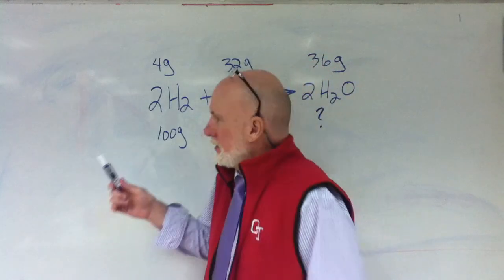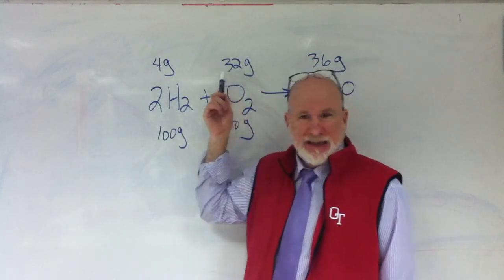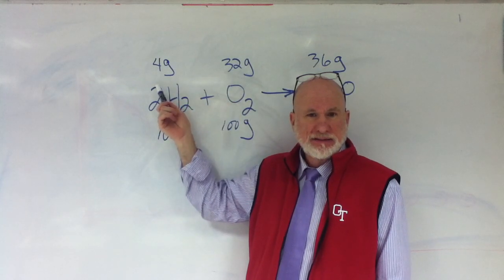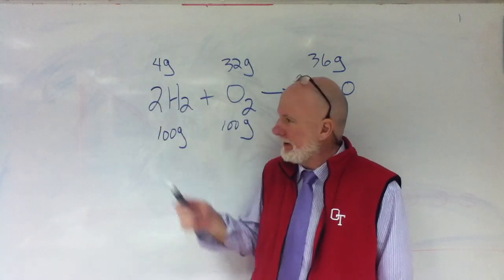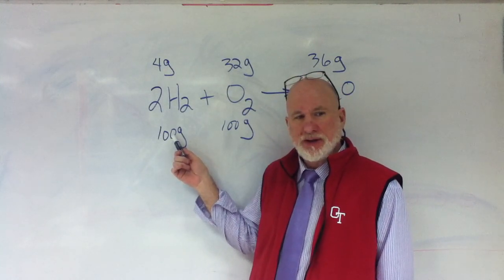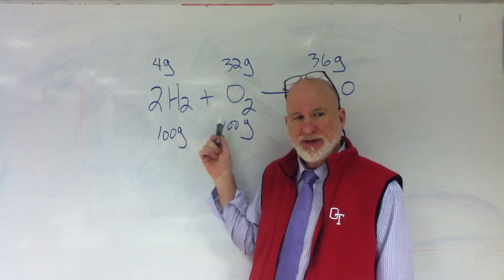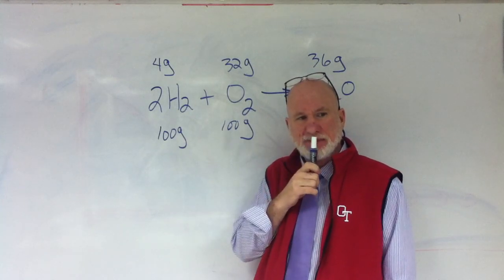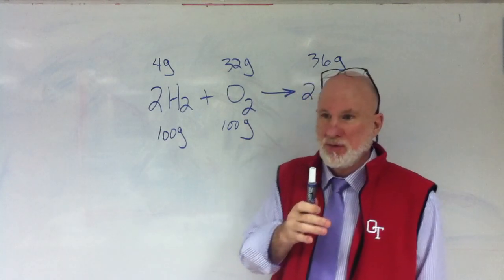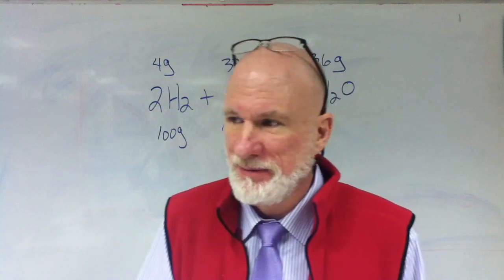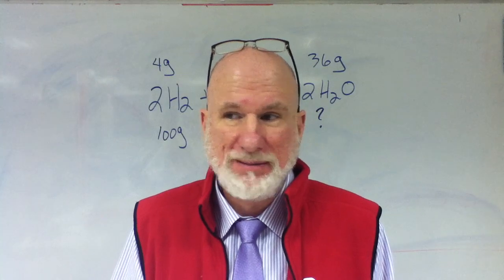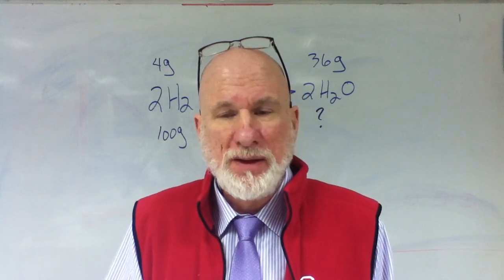So you're going to need 8 times as much oxygen as hydrogen, correct? So if I use all 100 grams of the hydrogen, how much oxygen am I going to need? 800, right? Do I have 800? Nope. So what's going to limit the reaction? The oxygen.